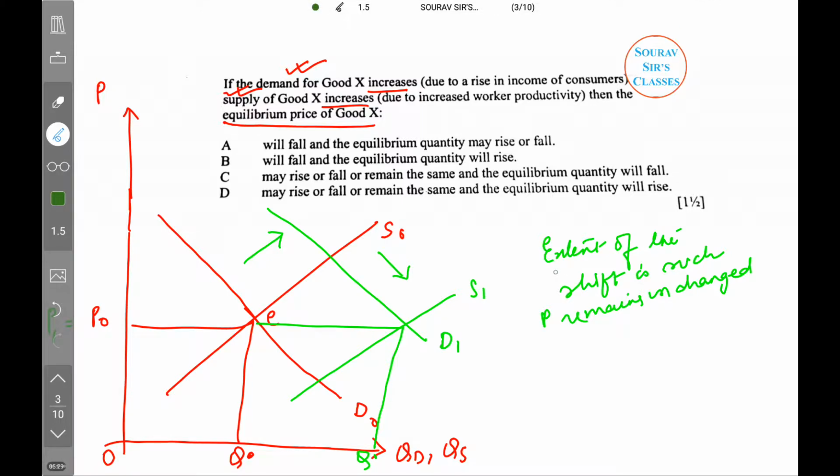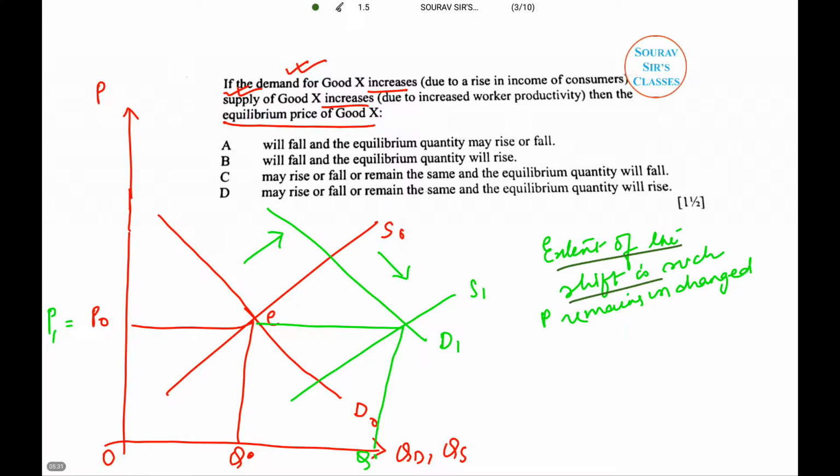Now, if the extent of the shift is not like this, if say for instance the supply curve shifts till this much only, say S2, then a new equilibrium will be like this, at the intersection between S2 and D1. So price in this case increases, and quantity is also increasing.